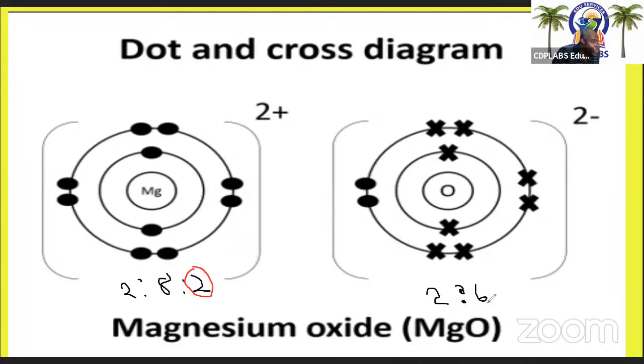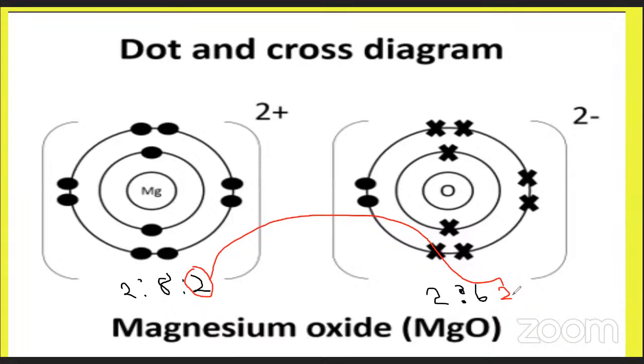But this one needs 2 more to become stable. So 2 will be transferred here, and it becomes stable. Now there's a positive 2, because you give up 2. There's a negative 2, because it gained 2. Is that clear?